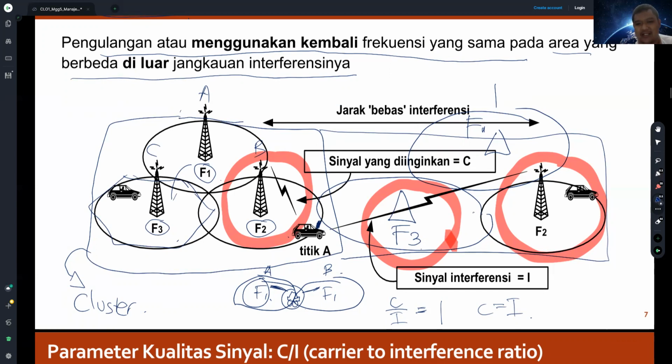If the distance over here is D, then this one is D, this one is D, and this one is D, so the distance from the second tower to the user will be equal to 3 times D. Which means the interference power will be lesser compared to the carrier power from the initial tower. That's the method of frequency reuse.